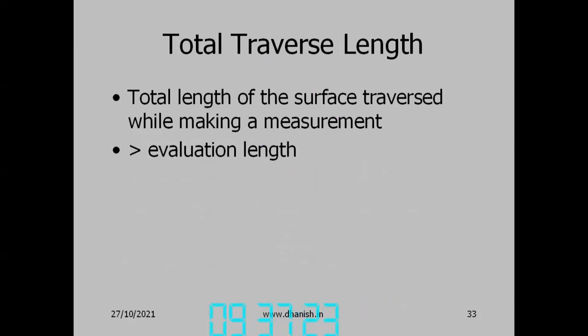In order to get good reproducibility and fidelity in the characteristics of the stylus, we would prefer to move it at constant speed. So the initial accelerating time and the deceleration time at the end are excluded. That's why the total traverse length is slightly more: there is more travel at start and end to avoid the regions of acceleration and deceleration.